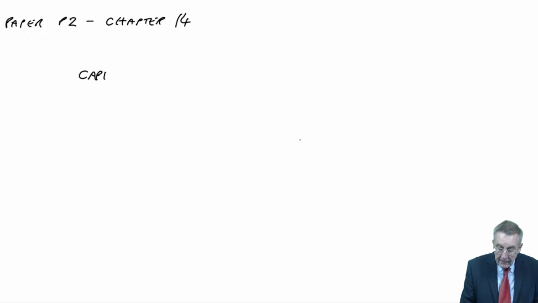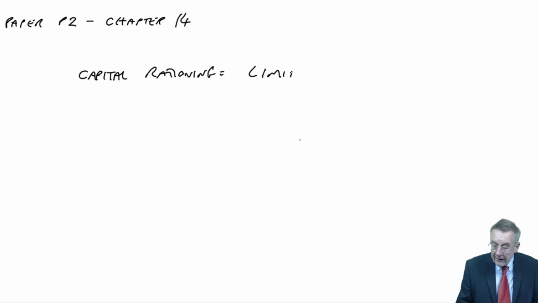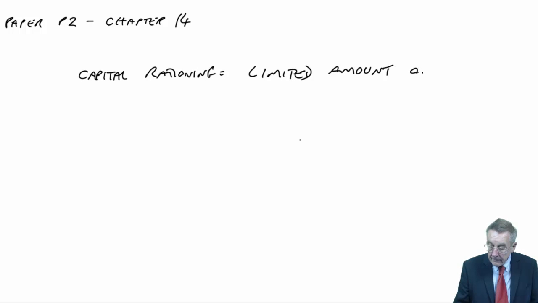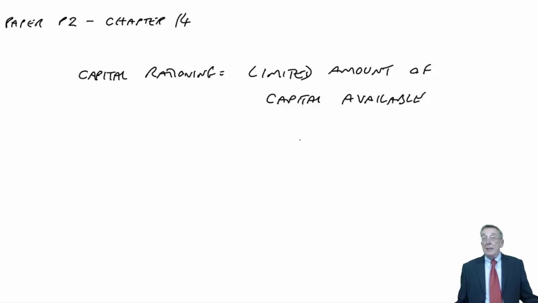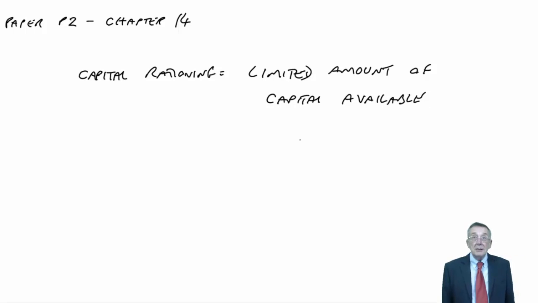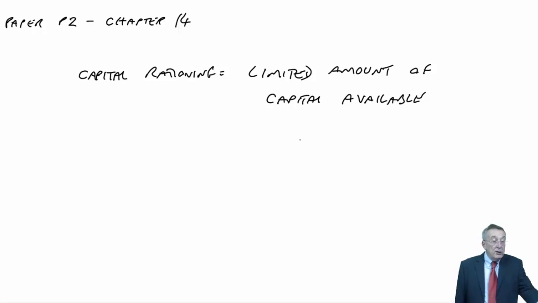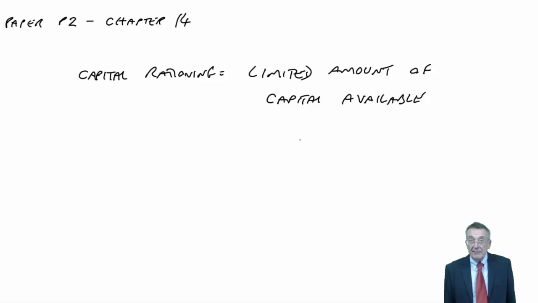Capital rationing simply means for some reason there's a limited amount of capital available. And so in part A, where there was no limit to get as much capital as we want, I repeat, you will do all 4 projects because they're all positive.